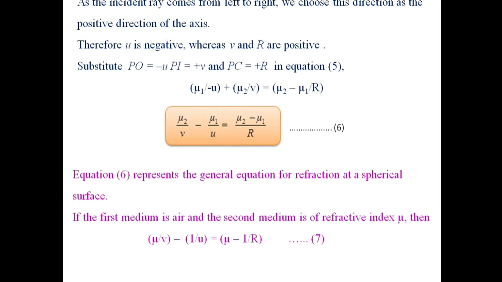If the first medium is air and the second medium has refractive index mu, then we can write this equation as mu upon v minus 1 upon u is equal to mu minus 1 upon R.